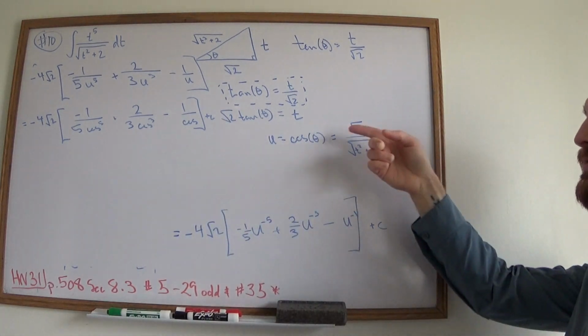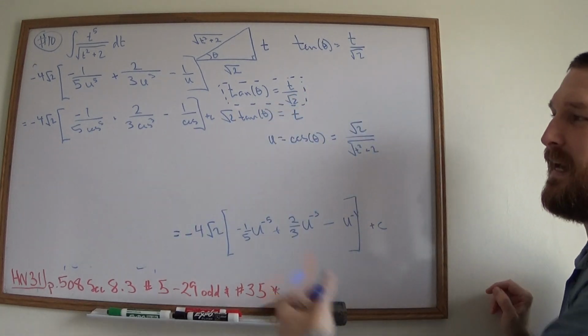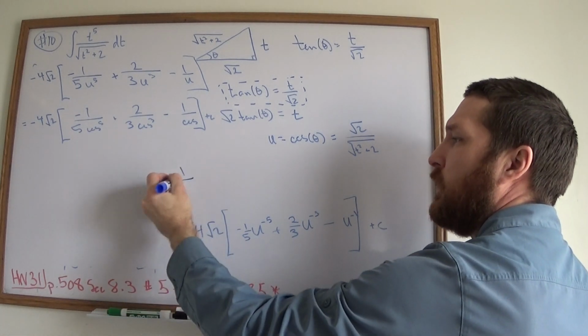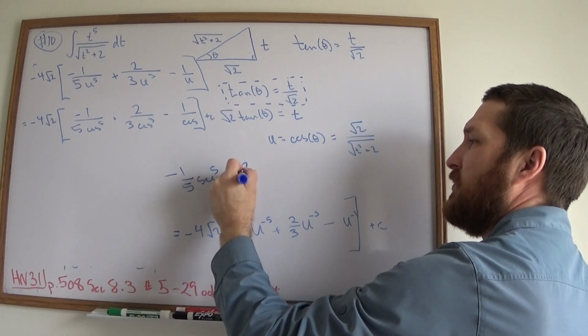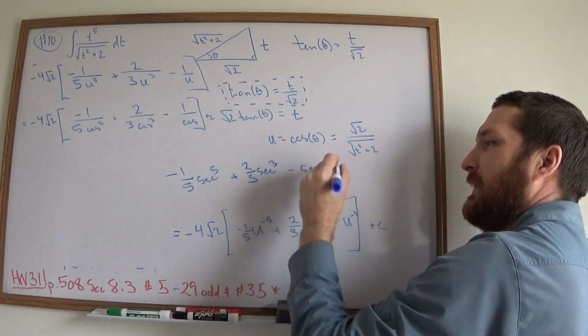Now each one of those is in the denominator, so that's the same thing as flipping the fraction. I could have written this all as secants, really. I could have said minus 1 over 5 secant to the 5th plus 2/3 secant cubed minus secant.